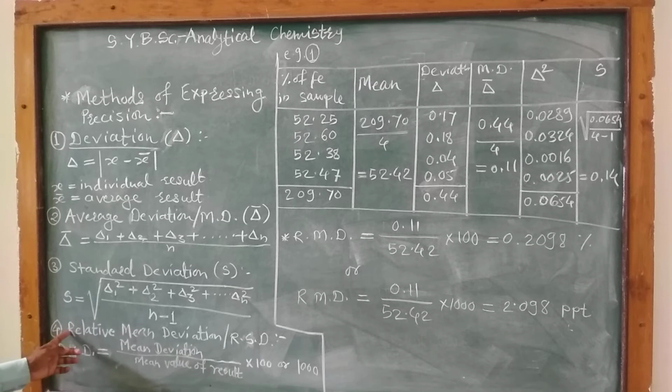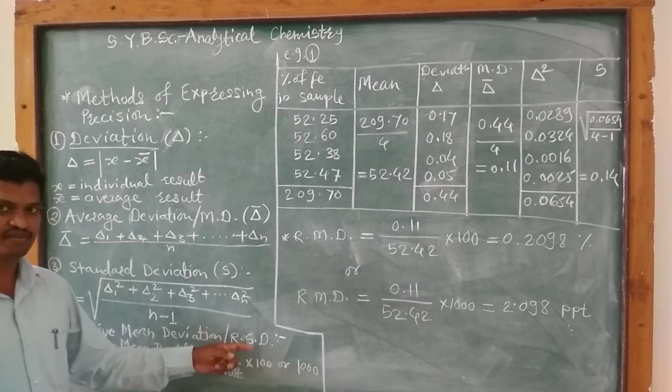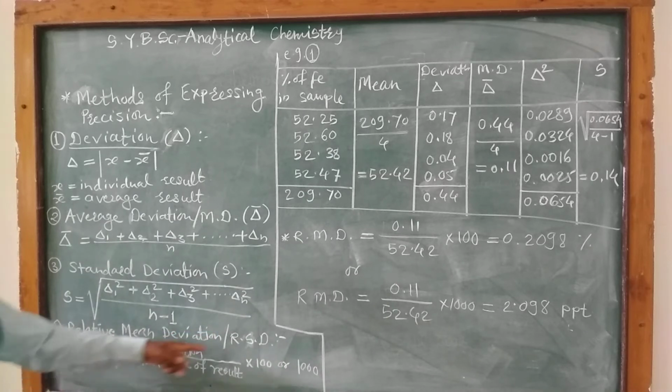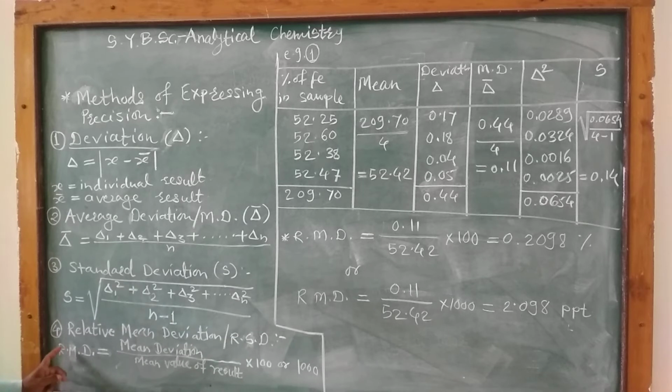Then the final one, the fourth one, is relative mean deviation or relative standard deviation. Relative mean deviation has no particular symbol, so I have written it in abbreviated form, RMD or RSD.